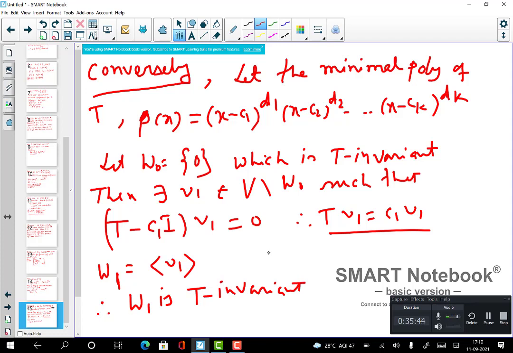Why? Because T v1 equals c1 v1, right? So W1 is T invariant, and when W1 is T invariant, then you can apply the lemma again.